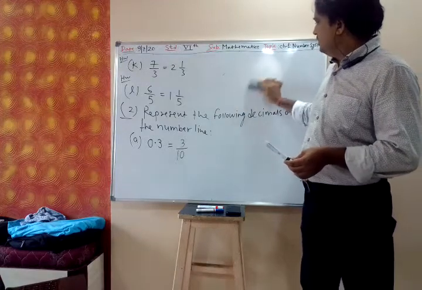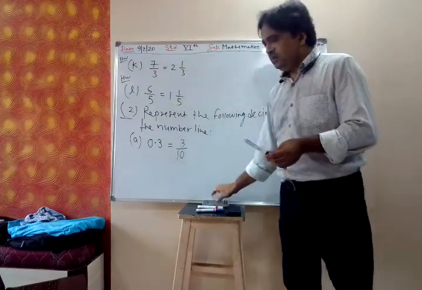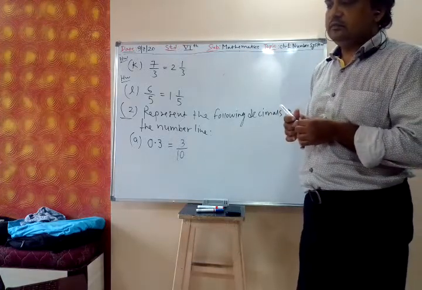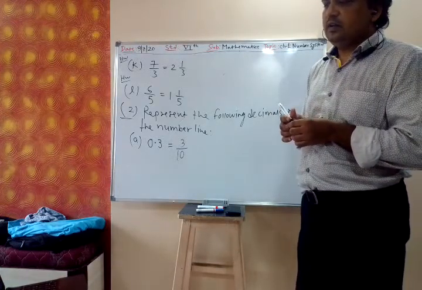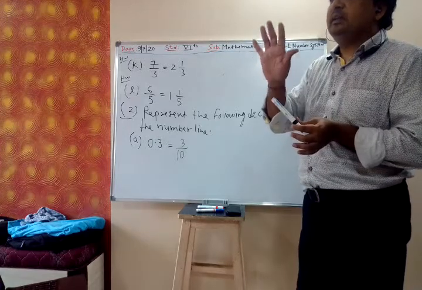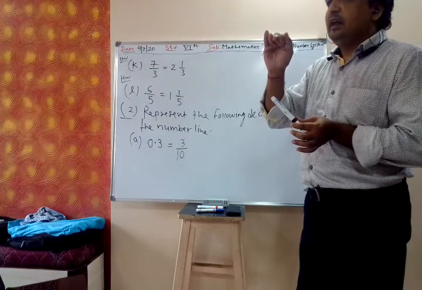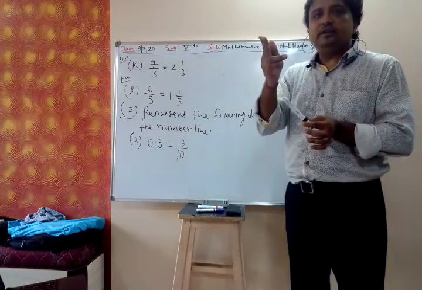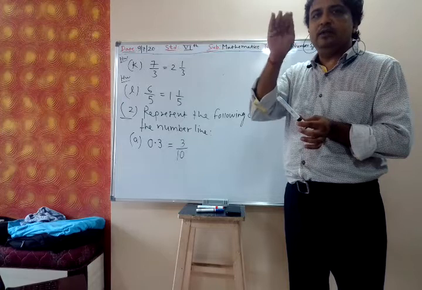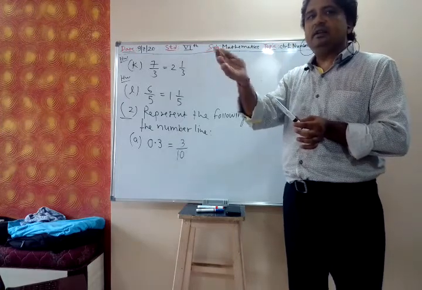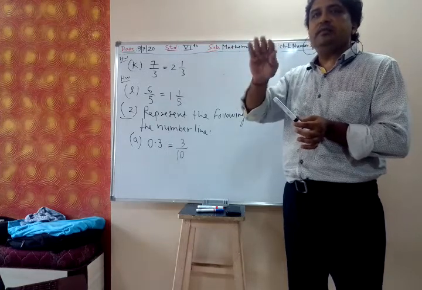So 0.3: after decimal, if there is 1 digit, in denominator you will write 10. After decimal there are 2 digits, when you remove the decimal, in denominator it will be 100. After decimal there are 3 digits, in denominator it will be 1000.